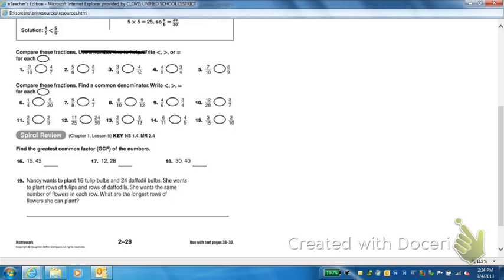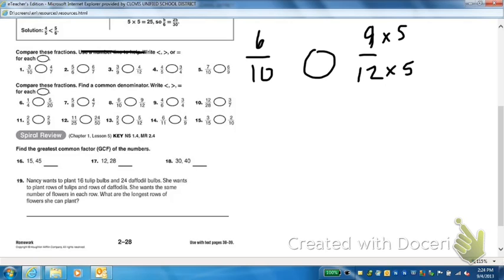Okay, so take a look at number 8. We have 6/10 and 9/12. Again, we're looking for the greatest common factor. Looking at this one, 12 and 10 both have 60 in common.